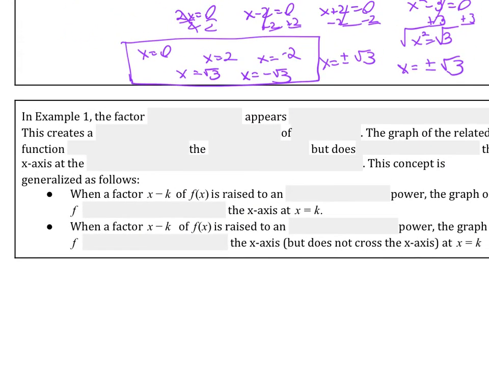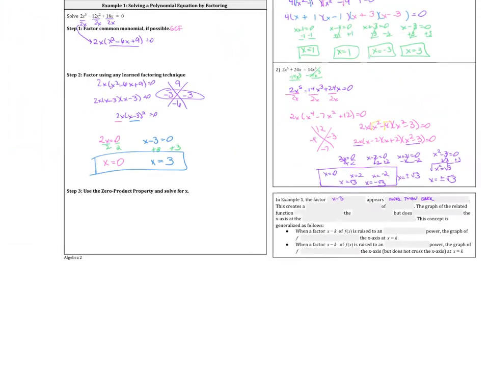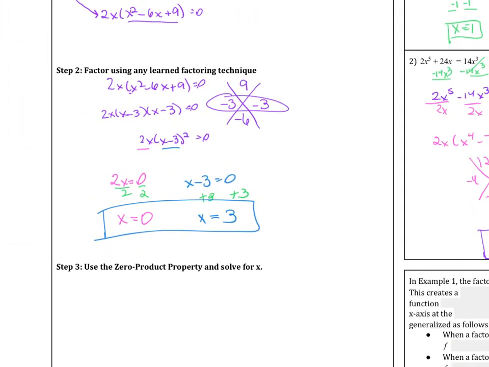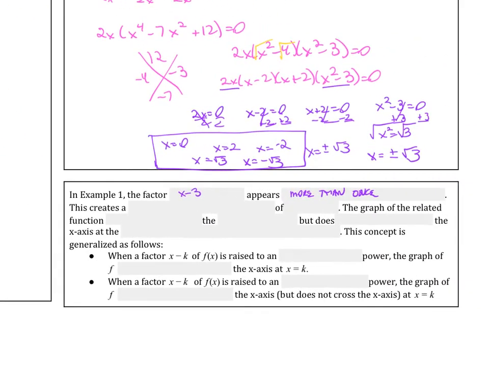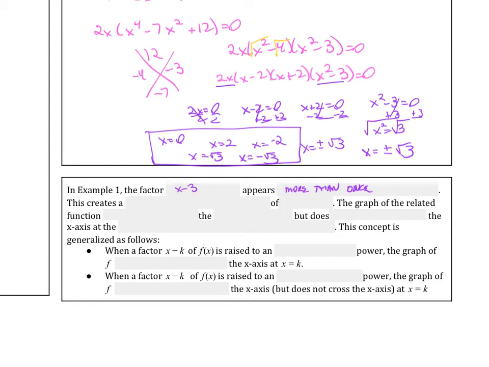In example 3, the factor x minus 3 appears more than once. So for example, over here, remember we had x minus 3, and then it's squared, right? It appears more than once. So what this creates is what's called a repeated solution, the repeated solution of x equals 3.